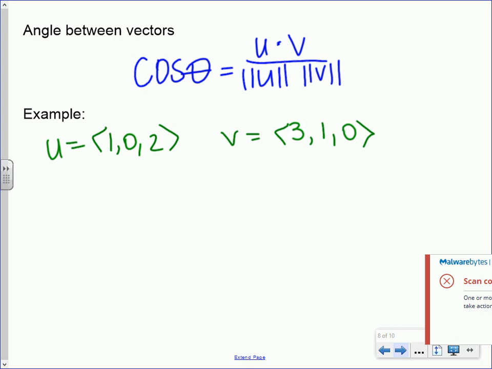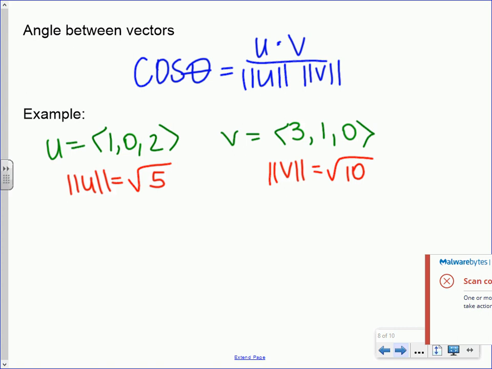Okay? So the magnitude of u, what would it be? Radical 5. Magnitude of v would be radical 10.